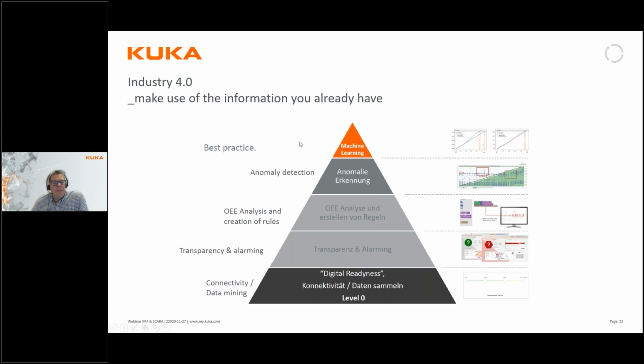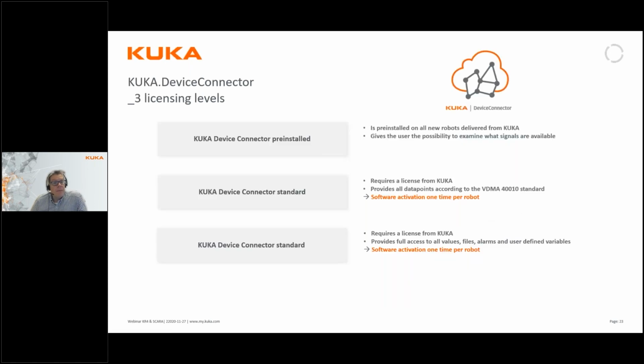And this is also the base for the next step, where Kuka are very active in terms of machine learning, artificial intelligence. So instead of you and I sitting and doing this anomaly detection, the system itself can start detecting the anomalies. But the enabler for this in the Kuka world is Kuka DeviceConnector, which pretty much brings us to our last slide.